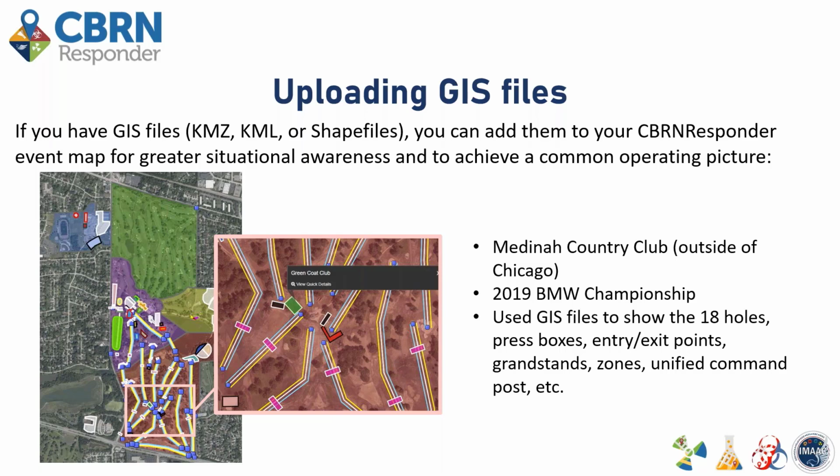In this CBRNResponder event, they use GIS files to show the 18 holes, the press boxes, entry-exit points, grandstands, zones, unifying command posts, etc. The images that you're seeing here are all in CBRNResponder, so then when they enter data, they're going to have their data points and their GIS files all on a single map.